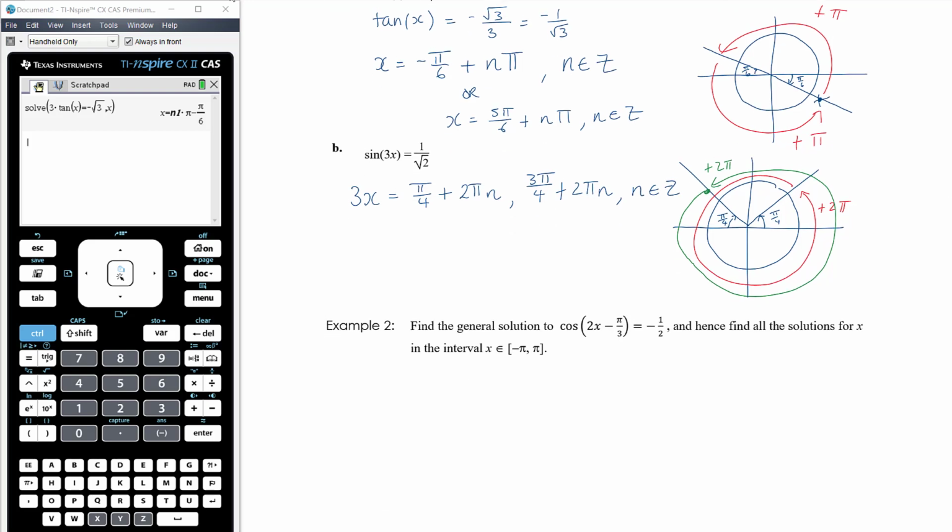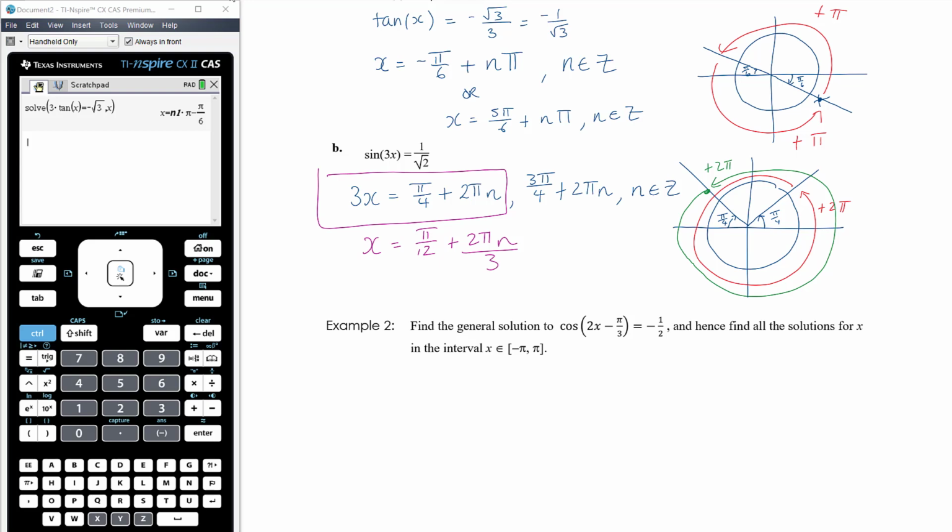Now, let's just look at this equation in isolation. This is where people go wrong here. If you just say x is going to be equal to pi on 12 plus 2 pi n, your solution's not right, because you haven't divided the whole equation by 3. Dividing the whole equation by 3 would also mean that happens.